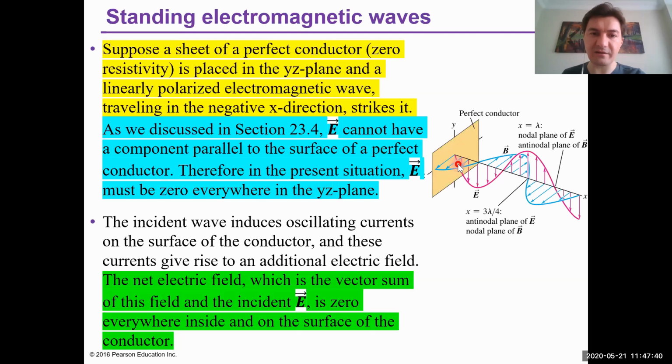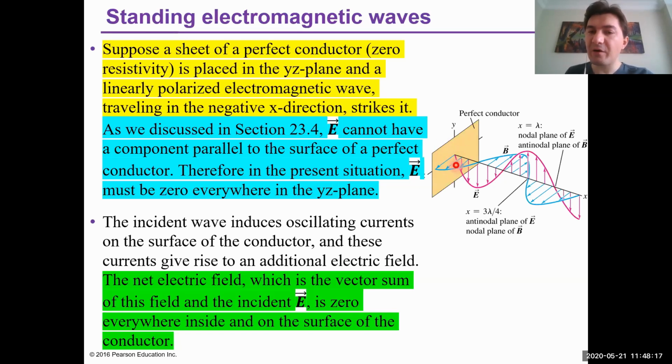Okay, don't forget this. So we have an electromagnetic wave. It is moving in the negative x direction and it hits the conductor. So what happens due to the electric field of that electromagnetic wave? This electric field component of the electromagnetic wave induces oscillating currents on the surface of the conductor. We have charged particles in conductors, right? Negatively charged electrons.